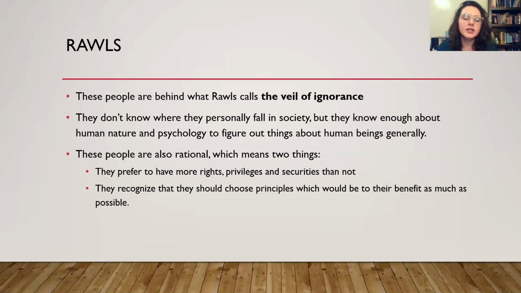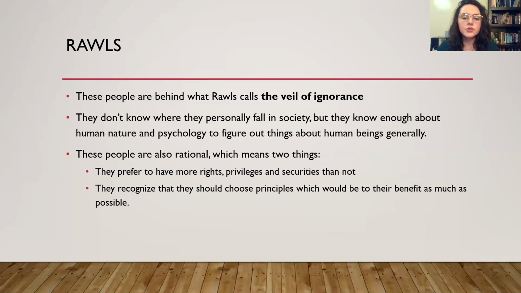And second, when people are rational, they would tend to choose principles that would help them accomplish their own ends, right? So you would choose those principles that would be to their benefit as much as possible. Now here, Rawls doesn't mean that people are egoistic or they're out to get what they want, but basically, think about the way that we choose to do things.